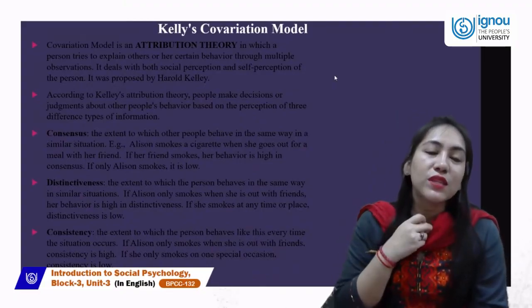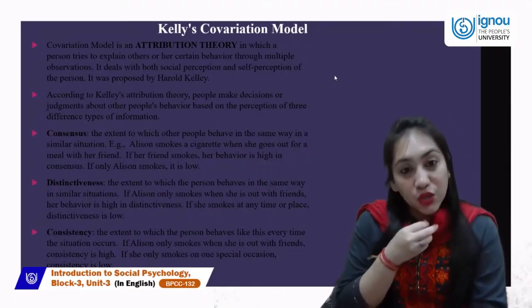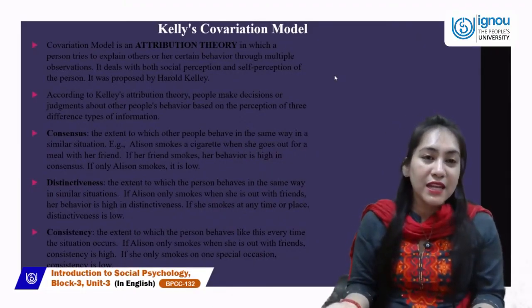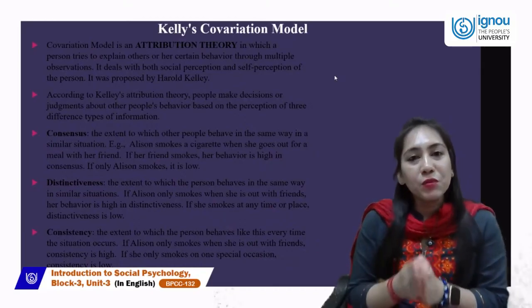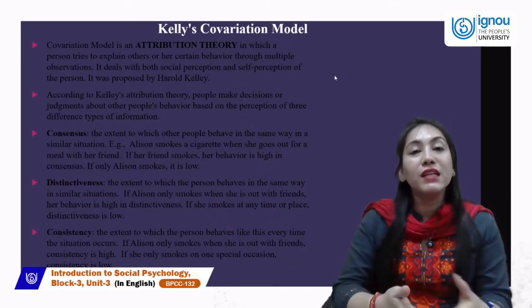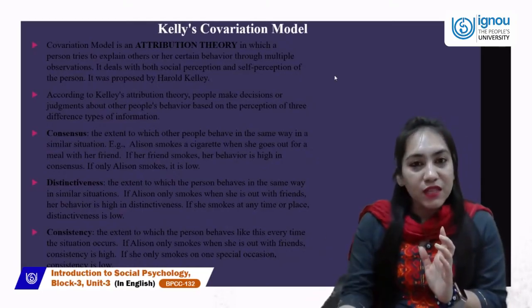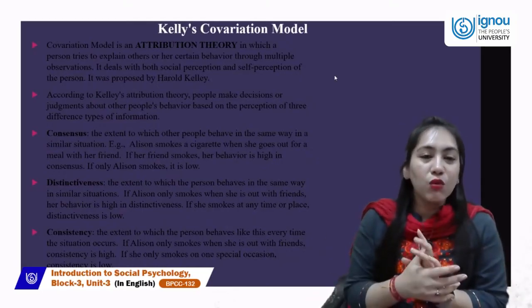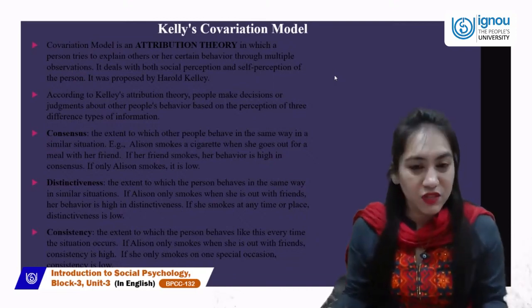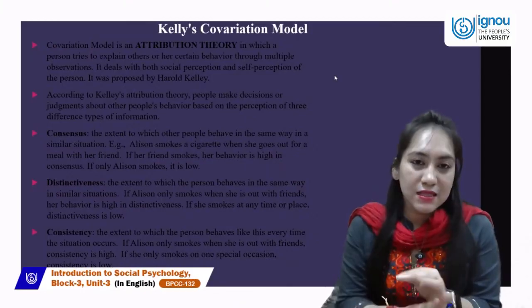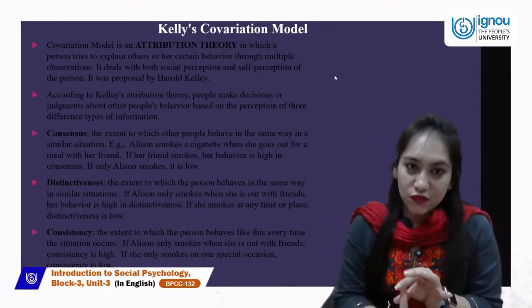So this finishes Kelly's covariation theory. I'll just give a quick recap of covariation theory again. Kelly stated that we judge people's behavior on the basis of the multiple kinds of information that we get from their behavior, and how they perceive themselves in an environment and socially. So three things: consensus, consistency, and distinctiveness.